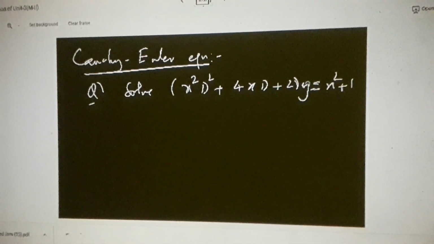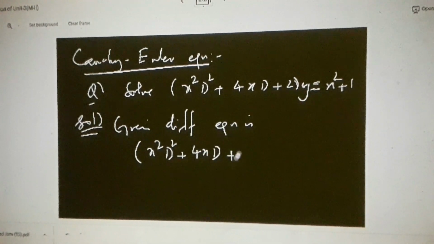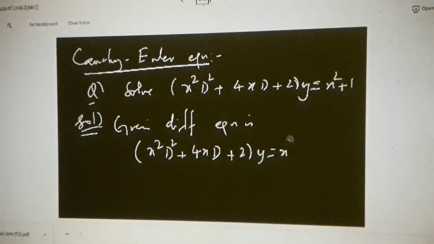Okay, so simply what you do in this case is, given the differential equation is this, you write it as x square D square plus 4xD plus 2 of y is equal to x square plus 1.